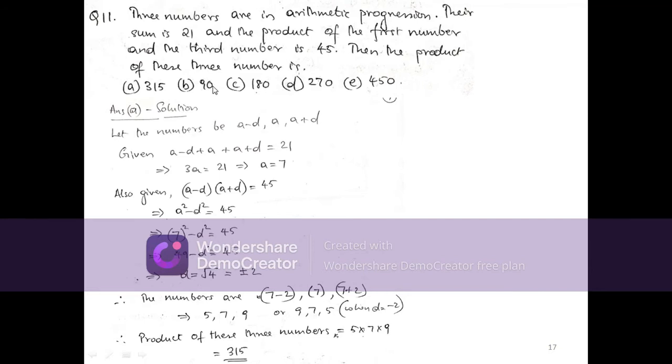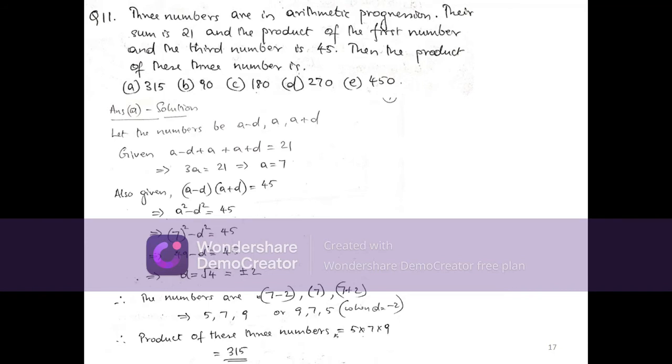Also given, the product of the first and the third number is equal to 45.